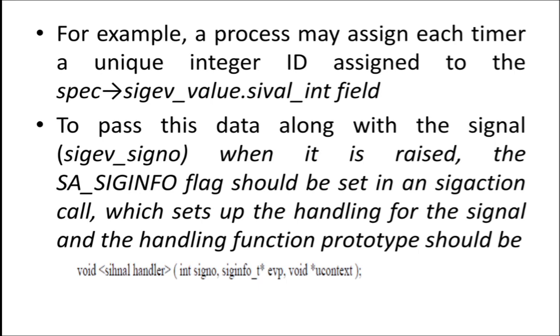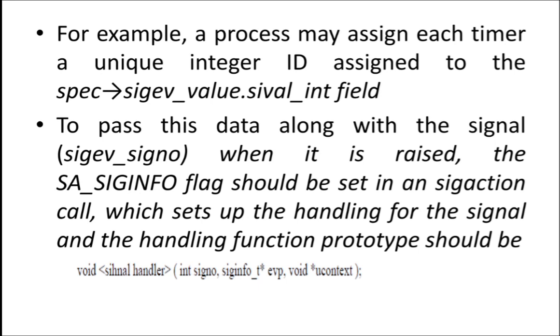Three actions can be taken: you can ignore a signal, you can take the default action, or you can take action based on a user function. So you can send this particular data in the SA_SIGINFO flag. Based on that, the data can be used when a sigaction function is called.